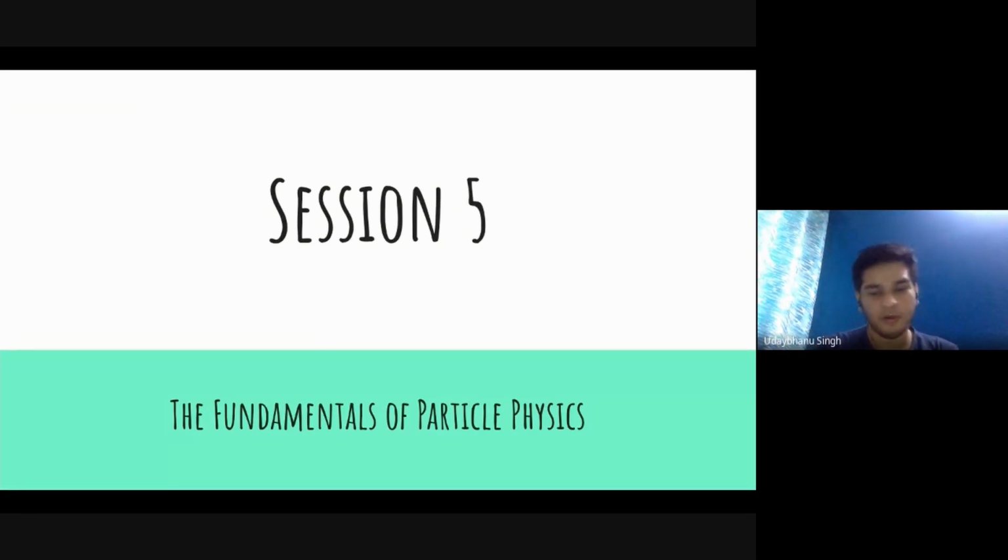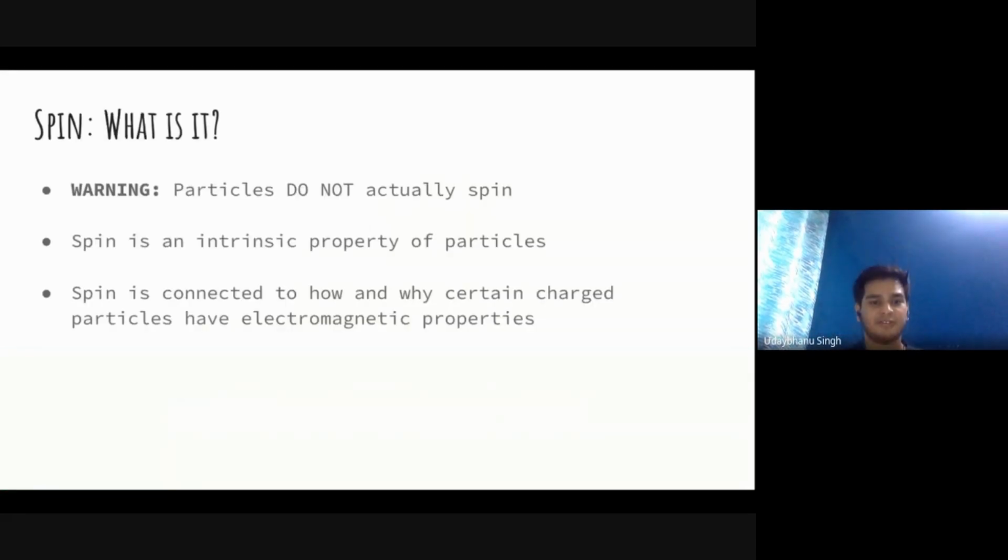However, when we talk more about this particular topic, we'll understand that that's actually not what's happening, which brings us to a good starting point for the discussion: what is spin? One thing that you should always keep in mind is, even though particles have spin, they aren't actually spinning.